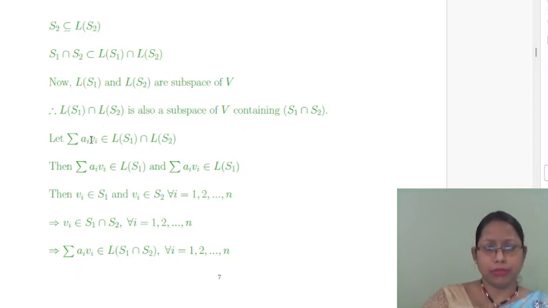That means I am considering any element in the intersection of their individual linear spans, and I am getting that element in the linear span of their intersection. So this is a subset of this set.